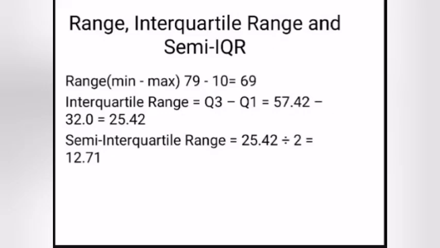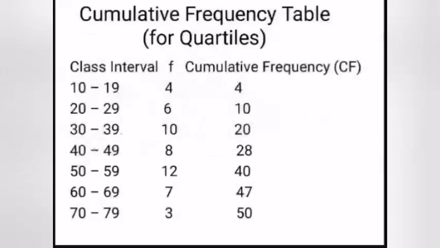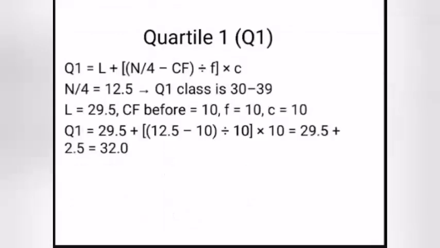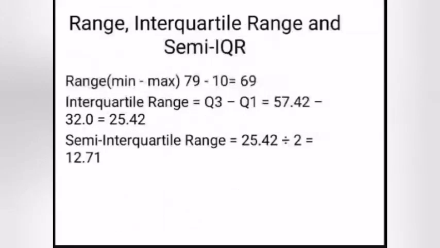Sorry, this was a mistake earlier. In grouped data, the largest number is this last number here, and the smallest number is this first number. So your range is going to be 79 minus 10, making your range 69. You just pick out the last number in the data set minus the first number.